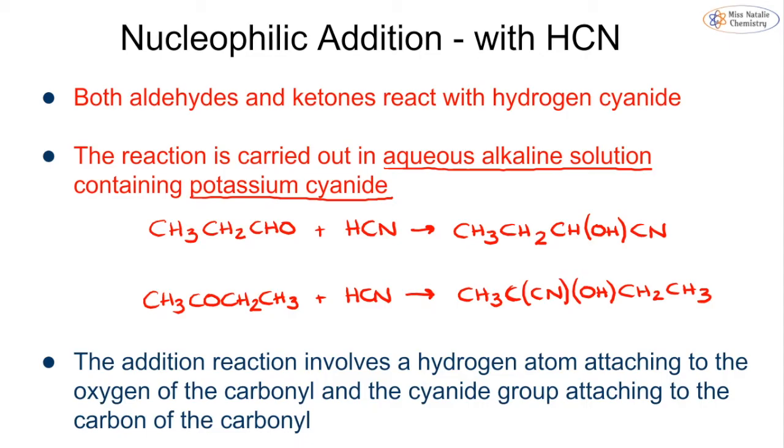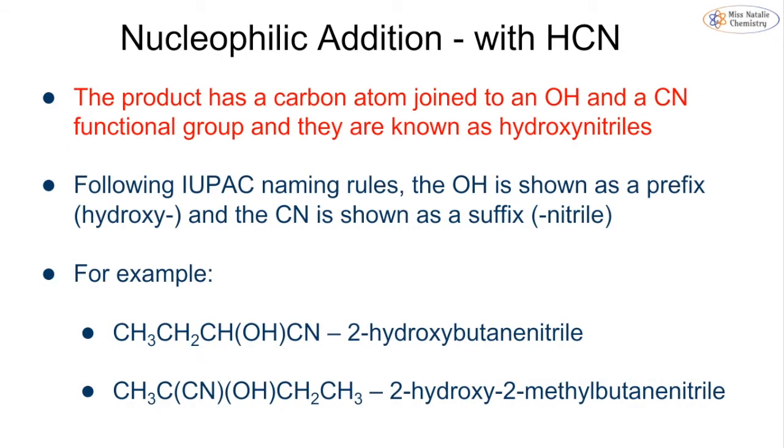So this is an addition reaction involving the hydrogen atom being attached to the oxygen of the carbonyl group, and the cyanide group attaching to the carbon of the carbonyl. So again, we're adding on to both atoms in the carbonyl group.